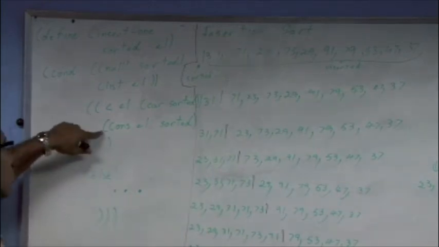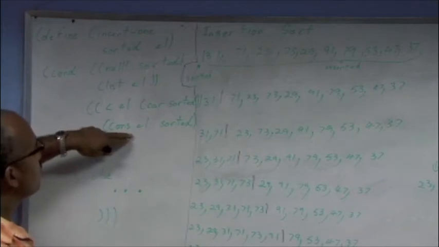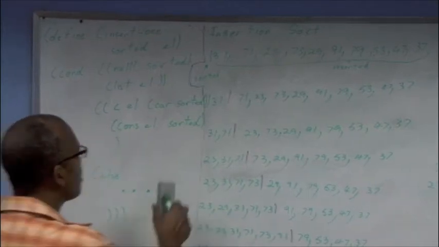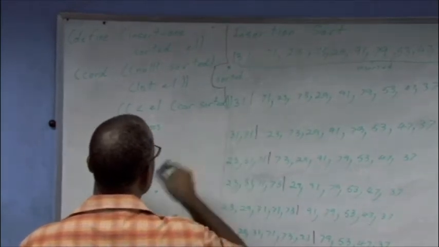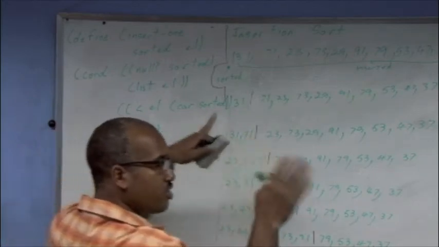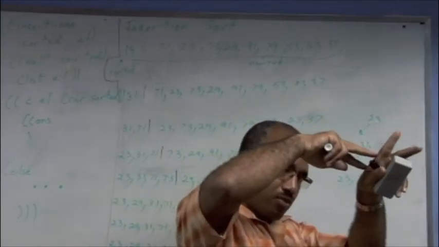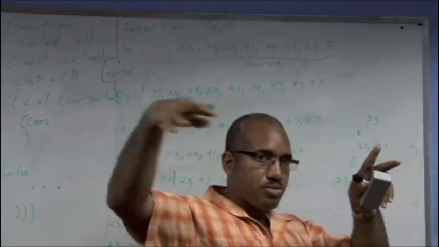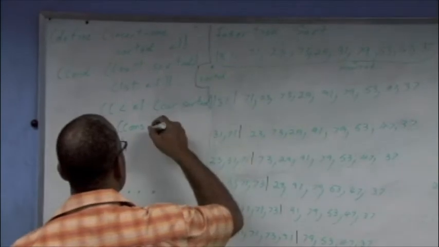And this would now return a new cons list EL. Cons will actually tag on, cons will create a pair. So it will have put element as the first thing in the pair, and then the rest of it will be sorted. So cons EL sorted.